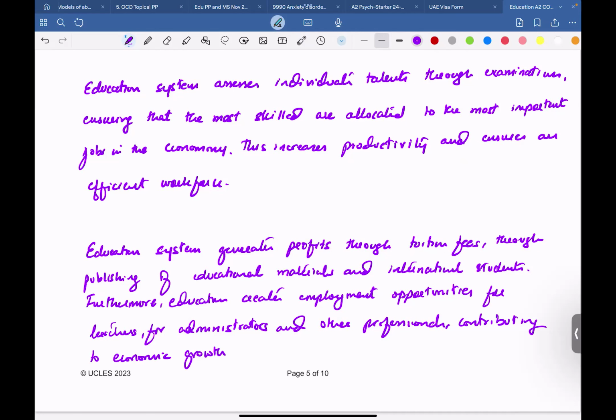So this could be a perfect answer to ensure that you're not missing out a single point.